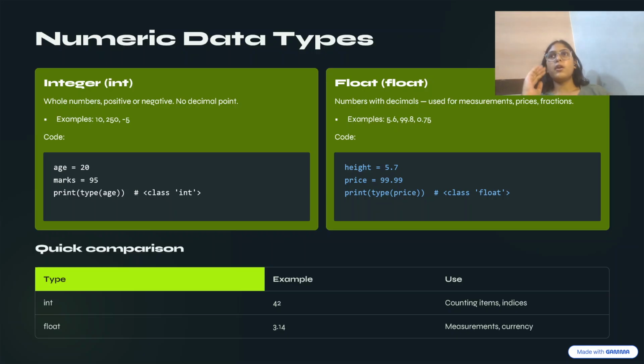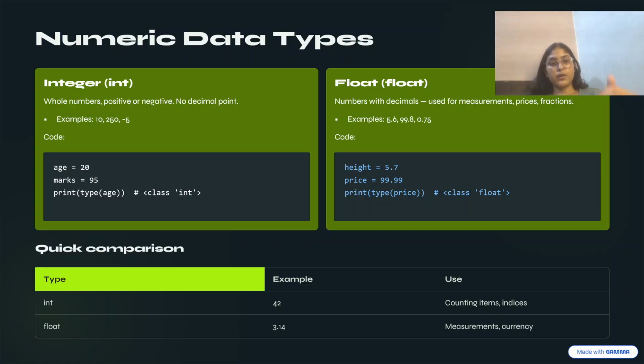If I ask you about 5, what is 5? You will say it is an integer. But if you say 5.0, then it's a float. So do remember that an integer and a float are totally different. A float can never be an integer, an integer can never be a float. Even though they look very similar, their data types are totally different.